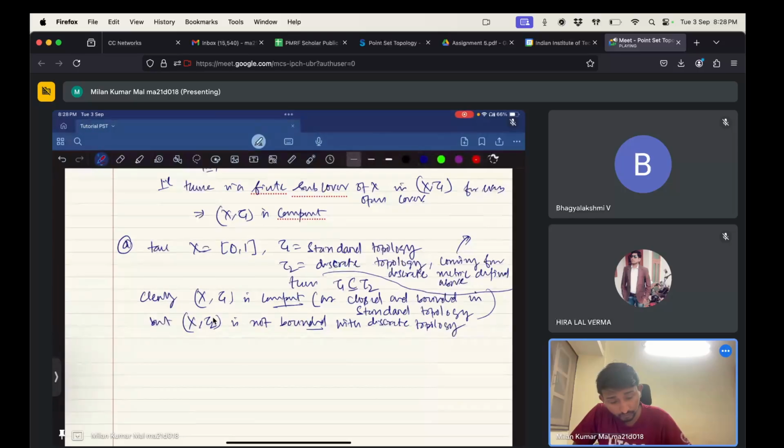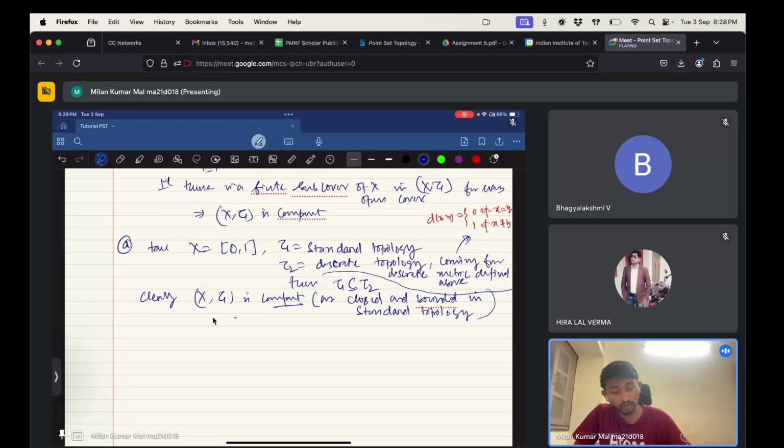d(x, y) equals 0 if x equals y, 1 if x is not equal to y. Sorry, closed and bounded does not apply here, because closed and boundedness is for the usual topology, not for an arbitrary topology or arbitrary metric.